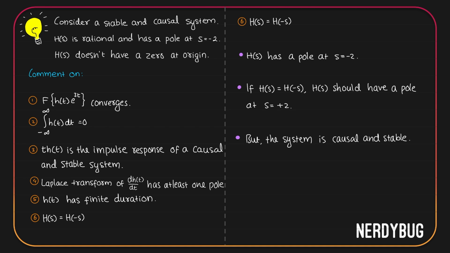But it is given in the question that the system is causal and stable. For a causal system to be also stable, the condition is all the poles should be on the left hand side of the s-plane. So if the system is causal and stable, then at s equal to plus 2 we cannot have a pole. Therefore, the statement is false.